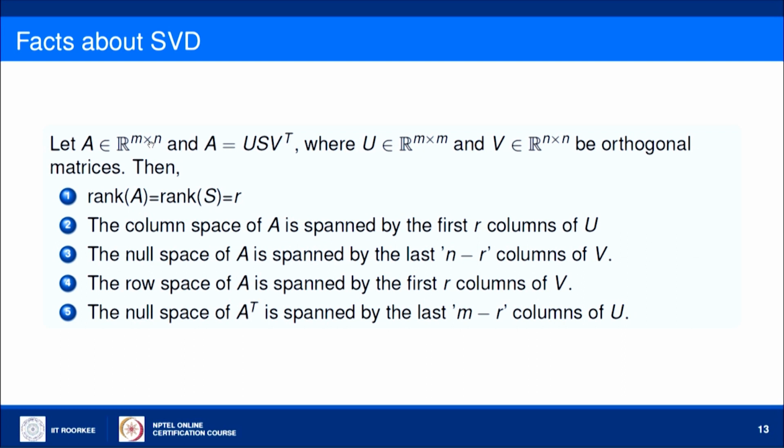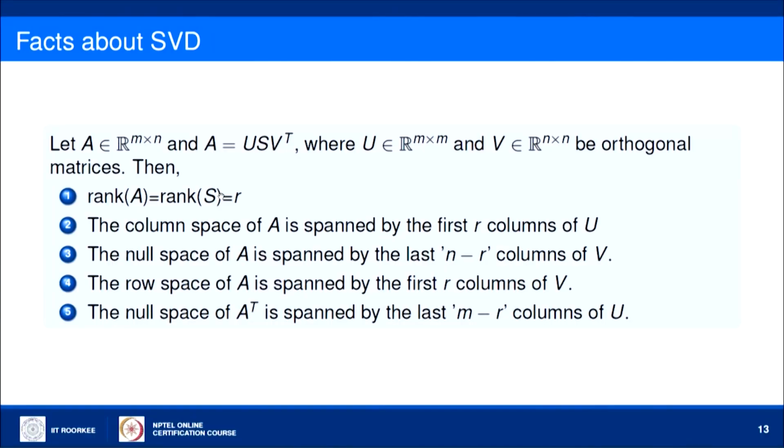Some facts about singular value decomposition: if A is a real matrix of size m by n and the singular value decomposition of A equals U S V transpose, where U is an m by m matrix and V is n by n, both orthogonal, then the rank of matrix A will be the number of non-zero singular values of A, that is the rank of S, and that will be r.